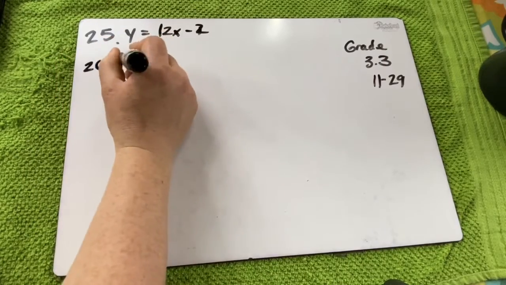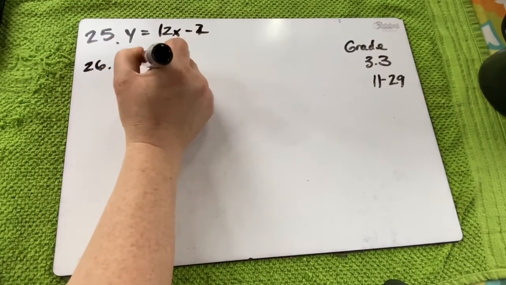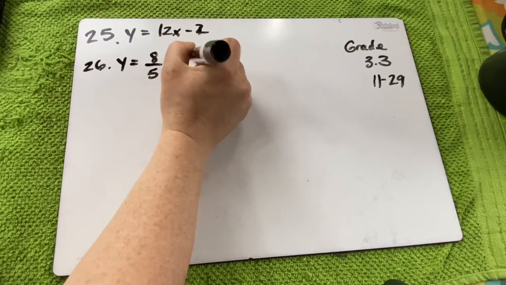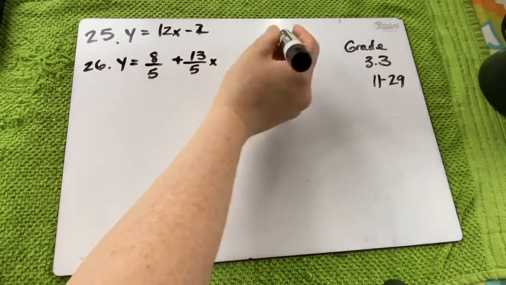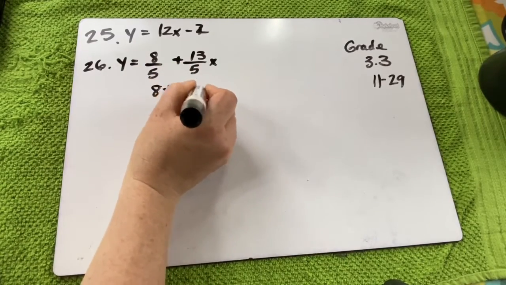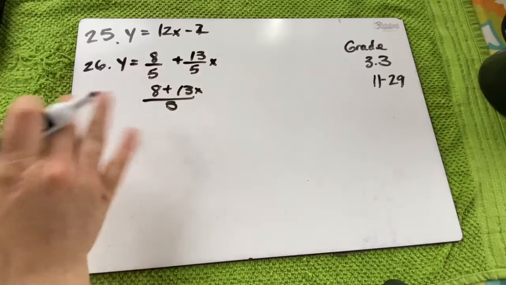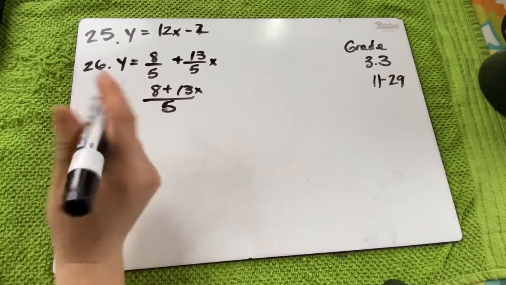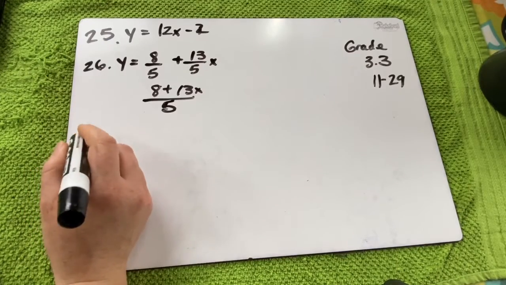26. Y equals 8 over 5 plus 13 over 5X. So this would also work, 8 plus 13X divided by 5. That would also work. Okay, sorry, that's my funky 5. There we go. Okay, 27.